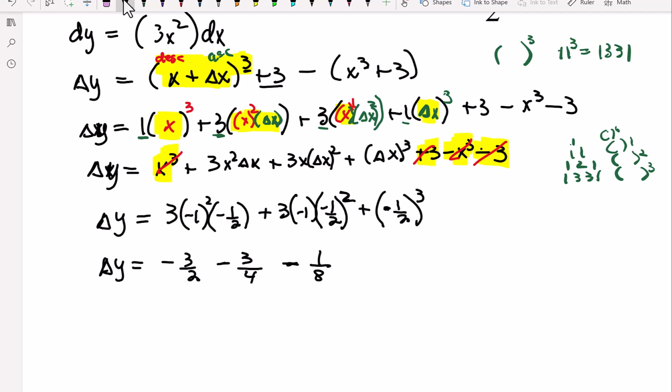So let's see, if I multiply this top and bottom by 4, that becomes negative 12 eighths. I multiply here, top and bottom by 2.